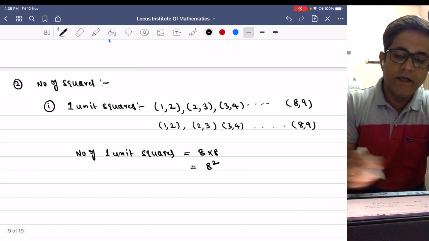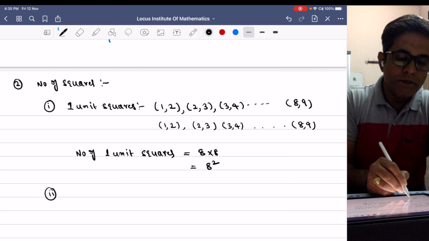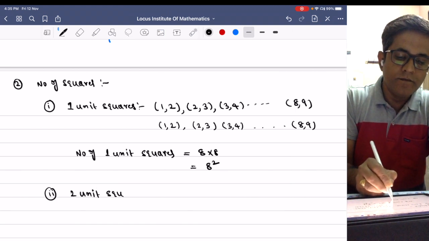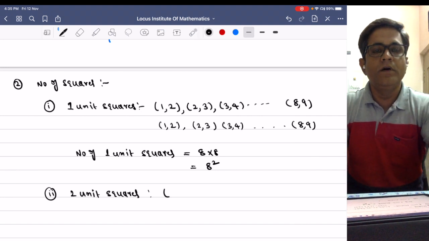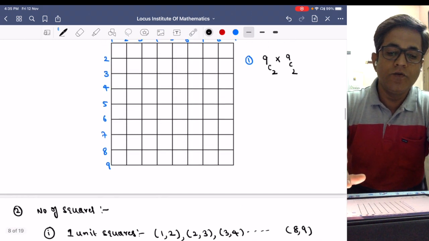Similarly, next we will calculate the 2 unit squares. To count the number of 2 unit squares, you take the ordered pairs with 2 units gap.